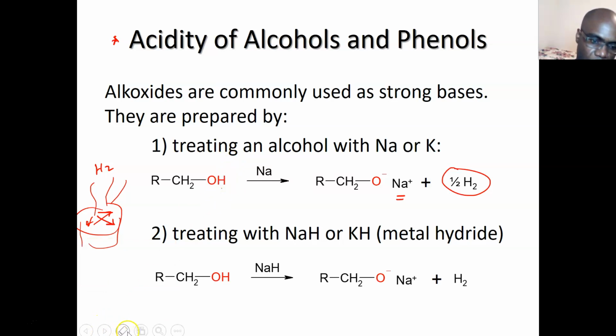Okay, so to be clear again, when you add sodium or potassium to an alcohol, just like it will do in water, you're gonna lose hydrogen gas, half of it, because only 1 hydrogen is lost. Okay, and then the 2 electrons that made the bond between O and H are donated to oxygen because oxygen is more electronegative.